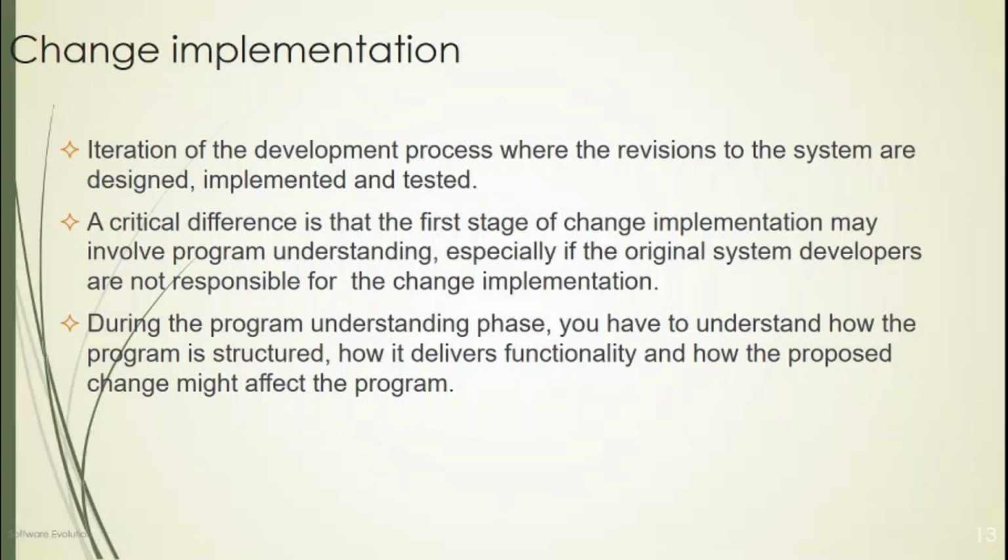Revision in the sense that it keeps on repeating: the system is designed, implemented and tested. The critical difference is that the first stage of change implementation may involve program understanding, especially if the original system developers are not responsible for change implementation.